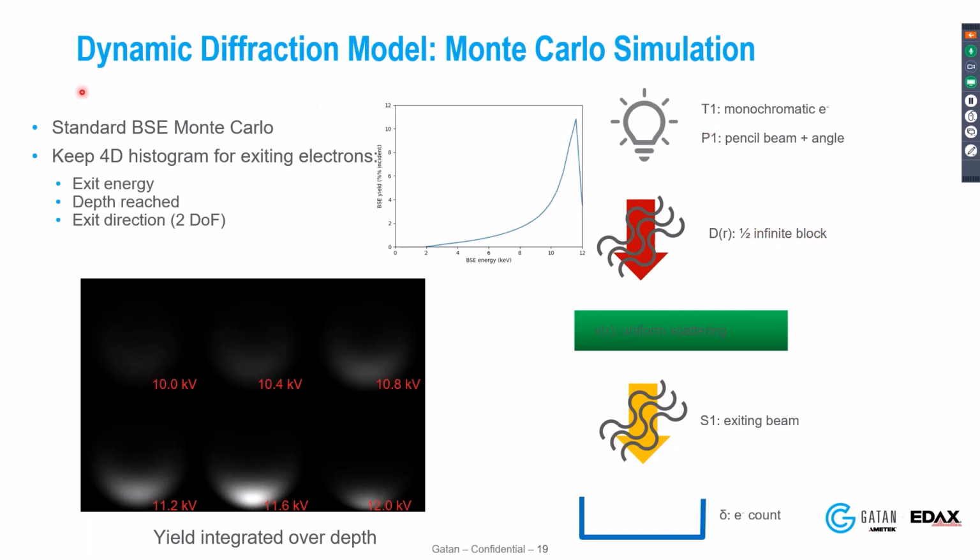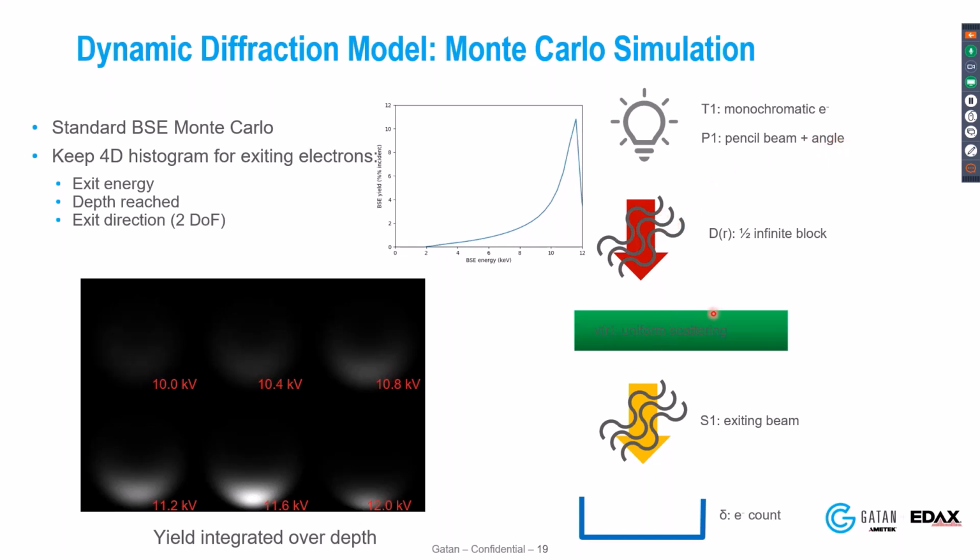So this is, again, a model that Mark DeGraff and his group developed, and it's really based on two different components. So we have a standard backscattered electron Monte Carlo model where we're just simulating the electrons. If we look up here, we have our incident beam of a given energy. We define the beam and the beam angle. The beam angle is important for EBSD.